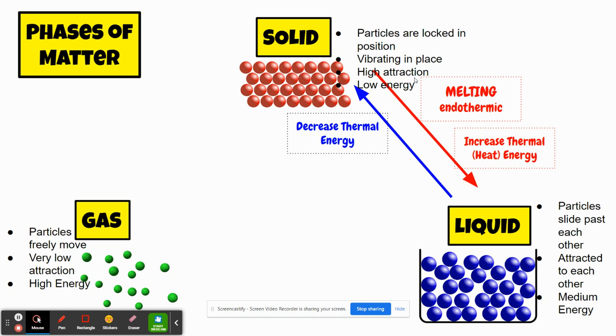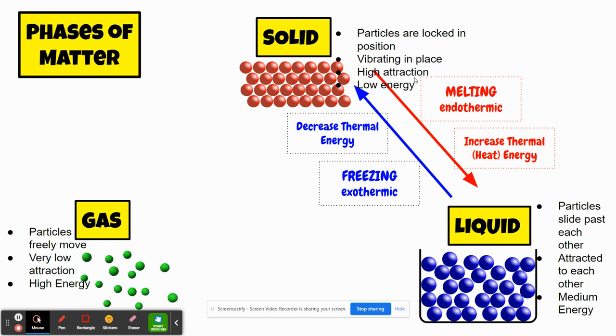You remove energy, decrease the thermal energy, and that will change a liquid to a solid. What is that called? Going from a liquid to a solid is called freezing.